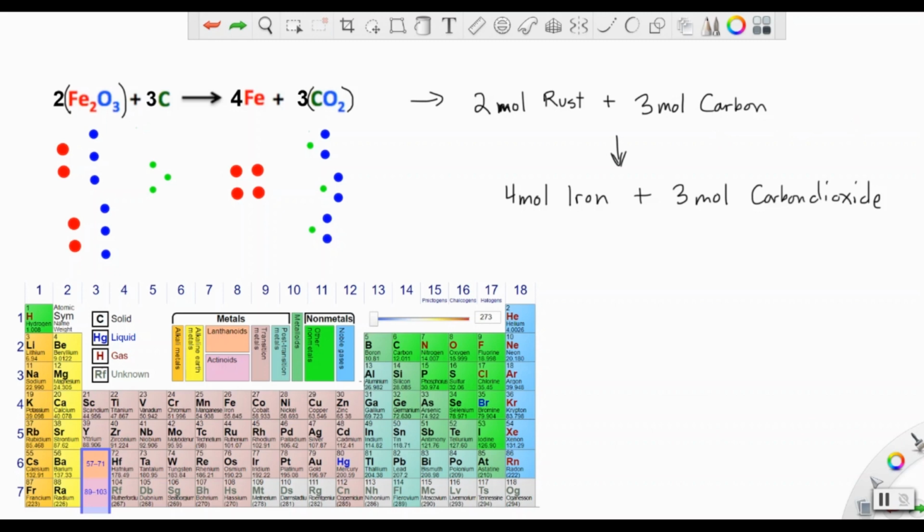So 1 mole of carbon is 12 grams, so 3 moles of carbon would be 36 grams. And that way you know roughly how many atoms you have by weighing it on a scale. It's hard to measure 1 atom on a scale, it's easy to measure 1 mole of carbon on a scale. So that's why we use moles.